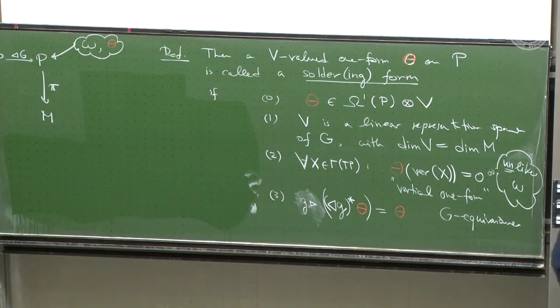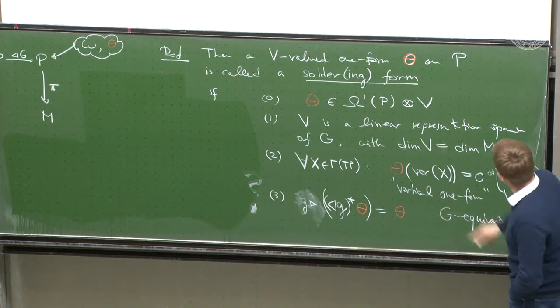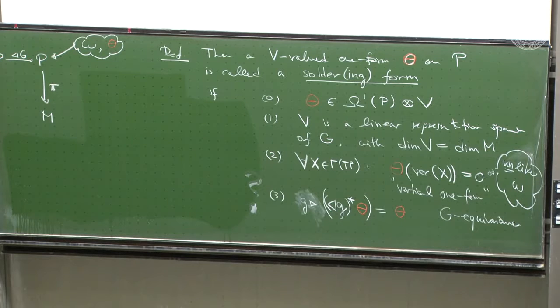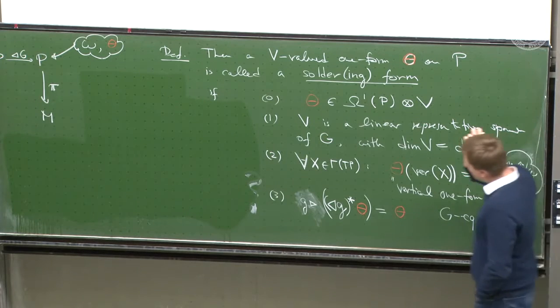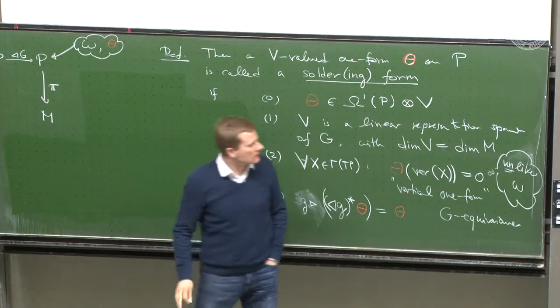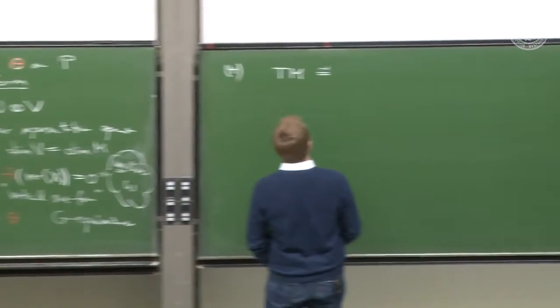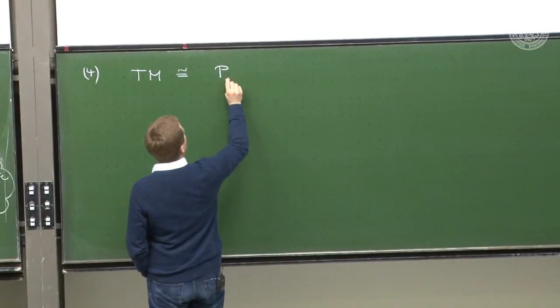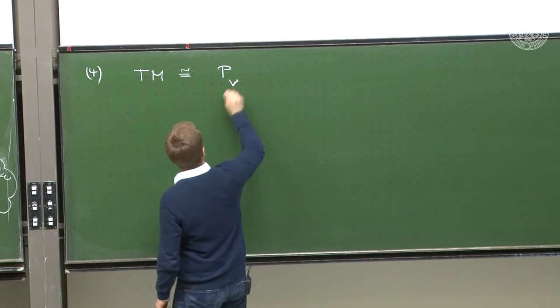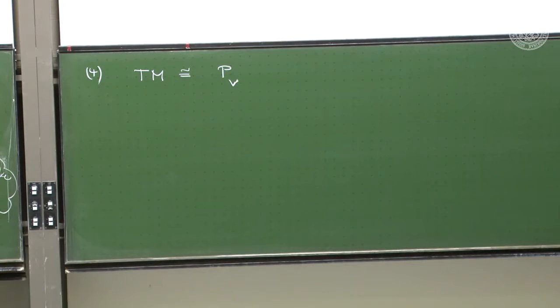And the last condition is, and that's one that will actually enforce this dim V equals dim M, is that the tangent bundle of the base manifold is supposed to be isomorphic to the associated bundle associated to this principal bundle with typical fiber V. And that makes sense because the G is supposed to act on the V anyway.